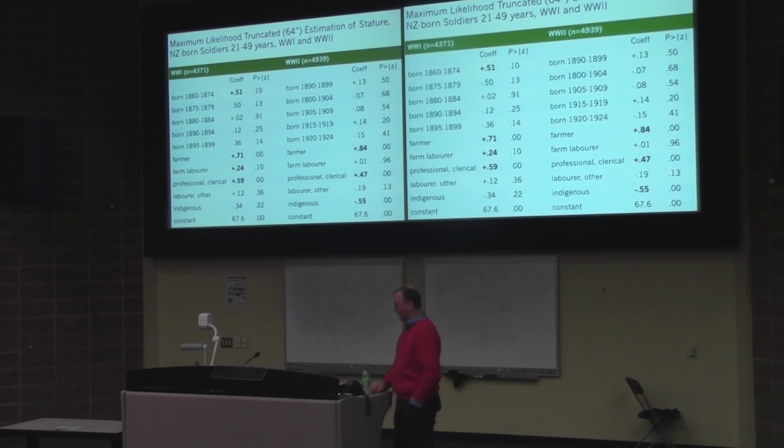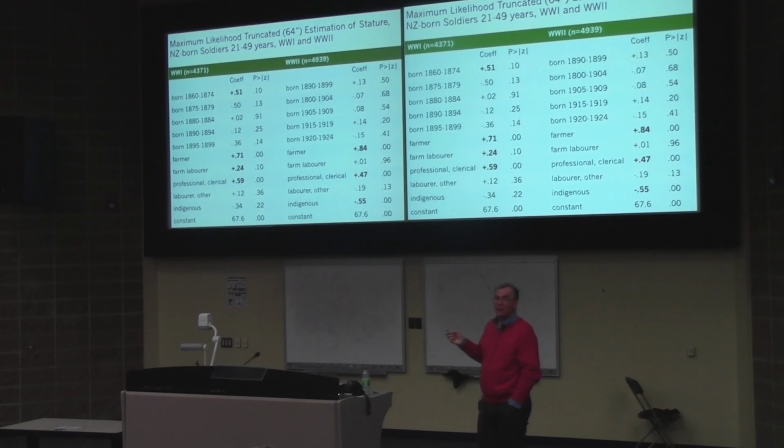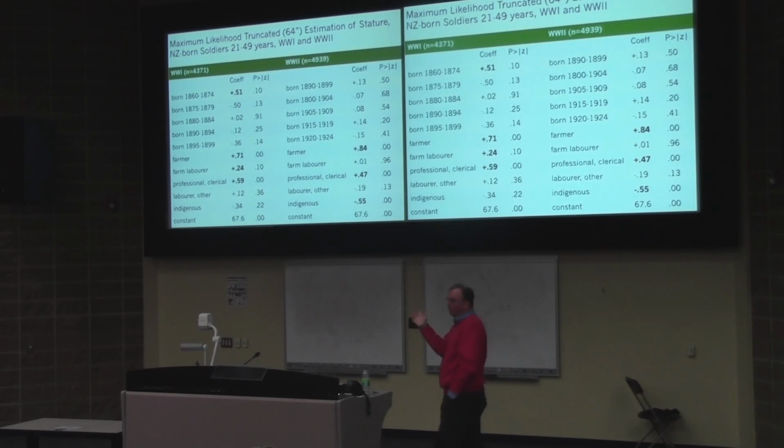That's the second from the bottom line here, and it's not significant. There's a difference. The Maori are a little bit shorter. The World War I cohorts, people born in the late 19th century. World War II, big difference. So these data, organized differently, analyzed differently, are telling the same story, that there's a really big difference in the ethnic disparity from the late 19th to the early 20th century.